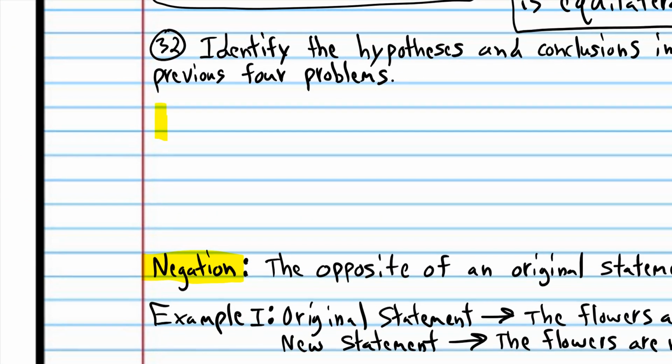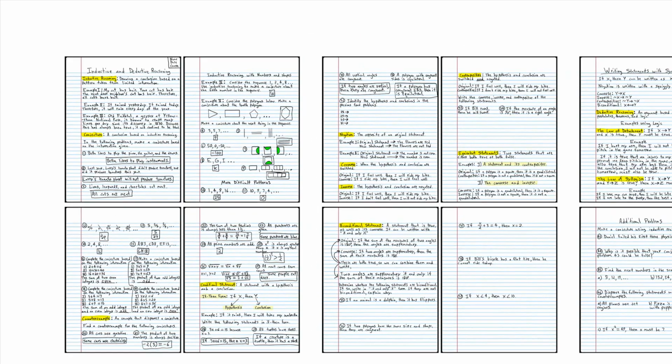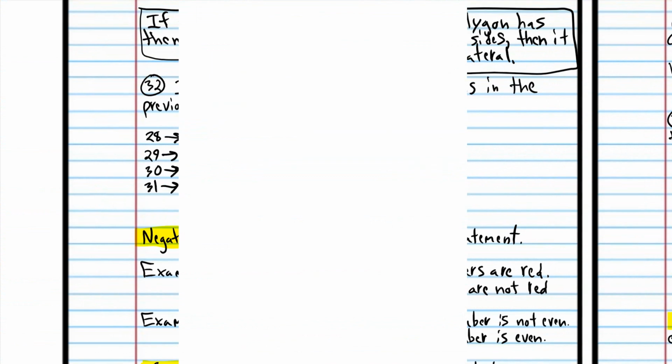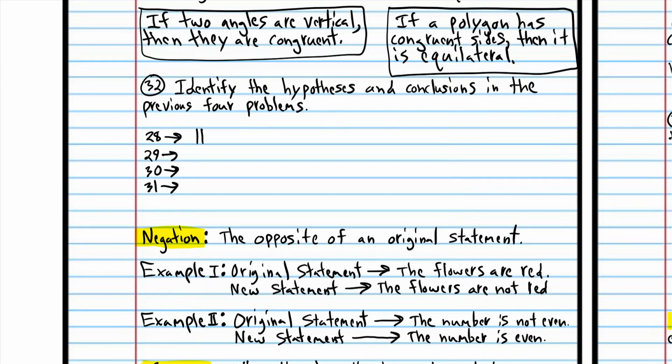I'm going to write these down. So for 28, the hypothesis was 3x plus 6 equals 15. So I'm just going to say H for hypothesis.